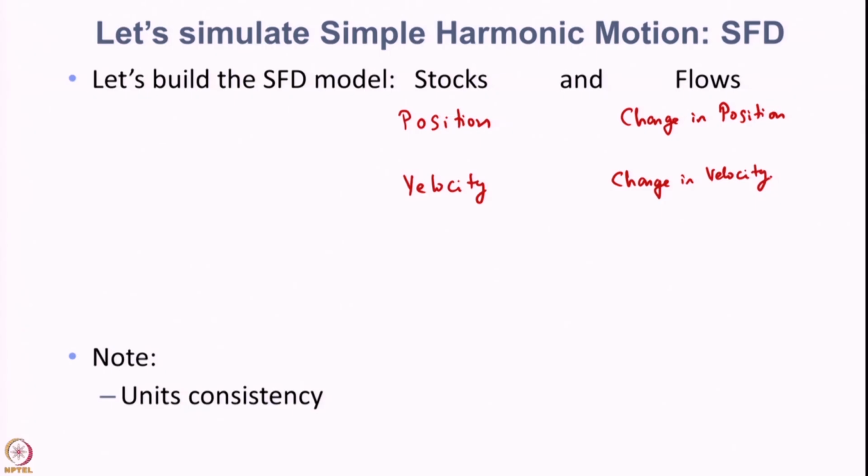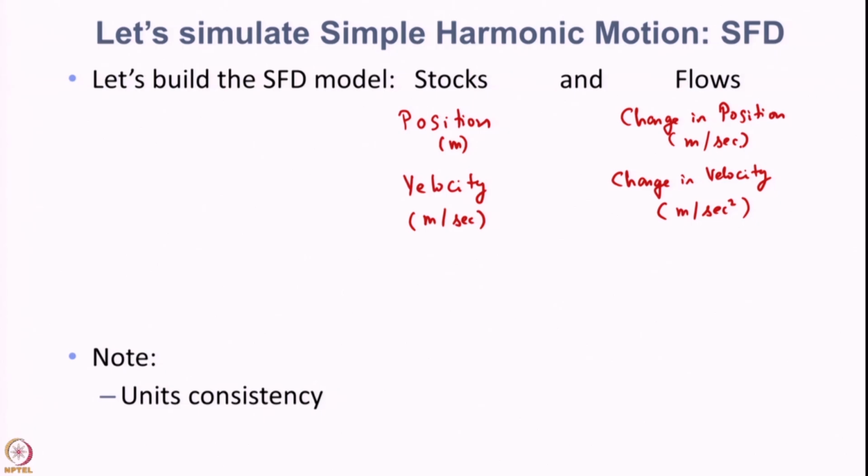or the acceleration. Now it is important that the units have to be consistent. So we know the change in velocity or acceleration is meter per second square, velocity is meter per second, position can be given units of meter, and change in position is given by meter per second.